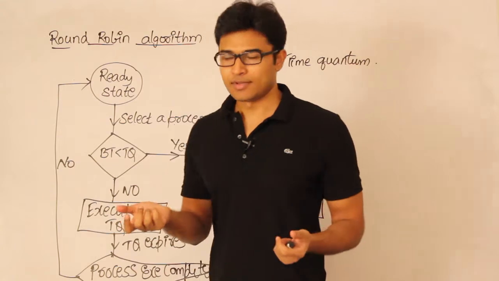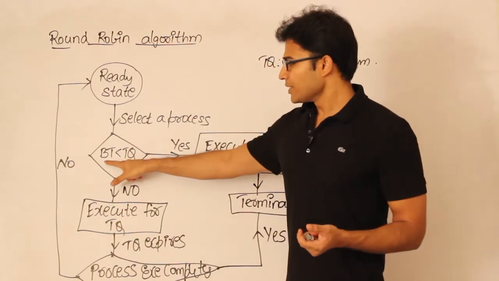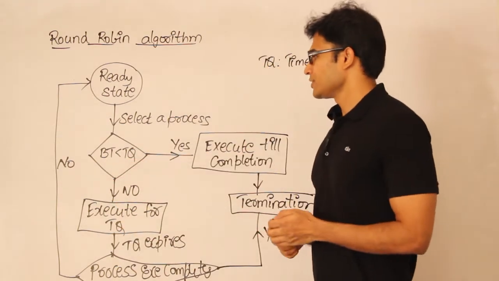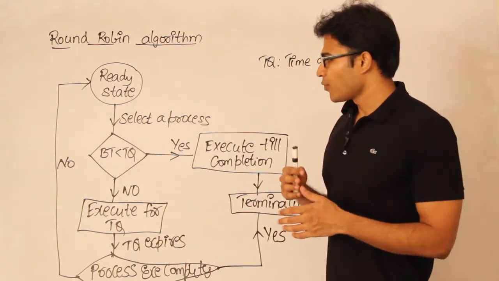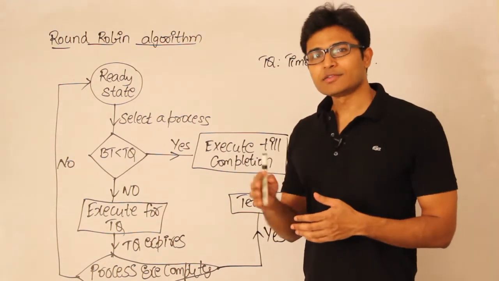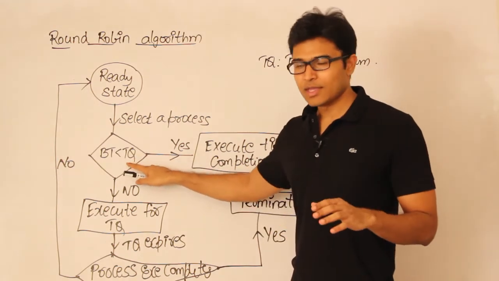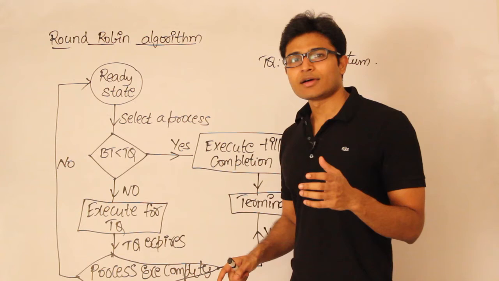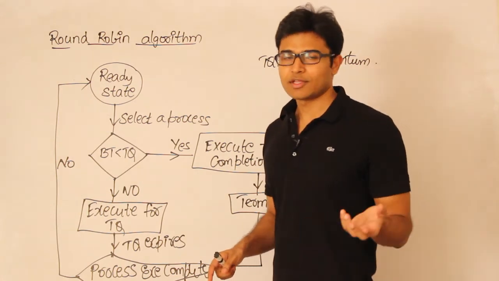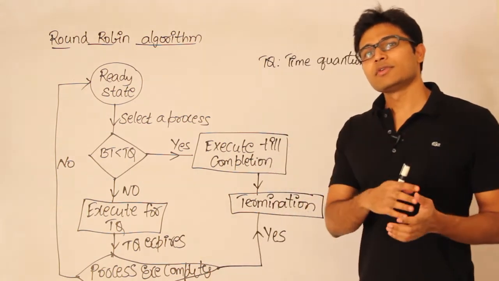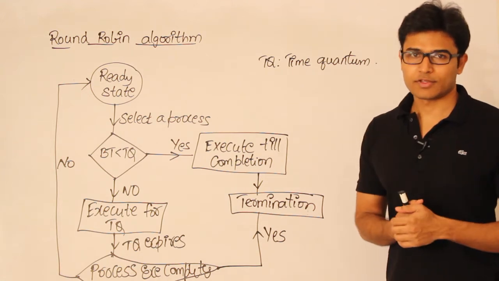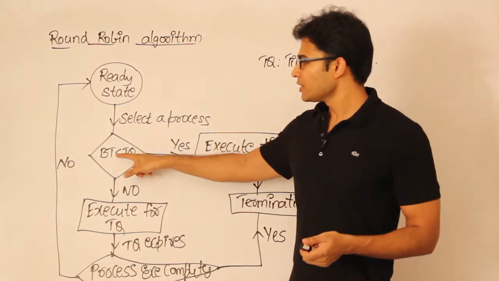Now I'm saying that if burst time is less than the time quantum, it means the process does not need this much time which you are planning to give. You are planning to give the time quantum, but the process doesn't really require this much time. Then you need not give it so much time. We will give it only the time which is required.